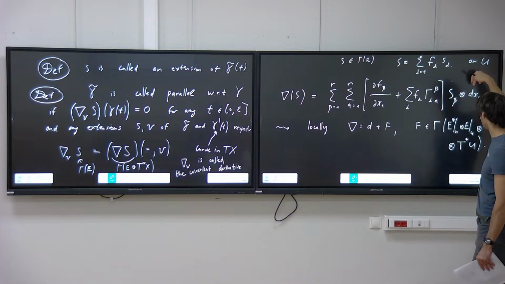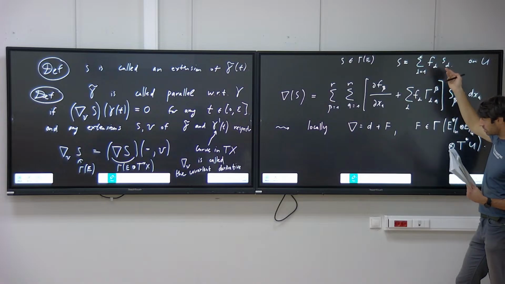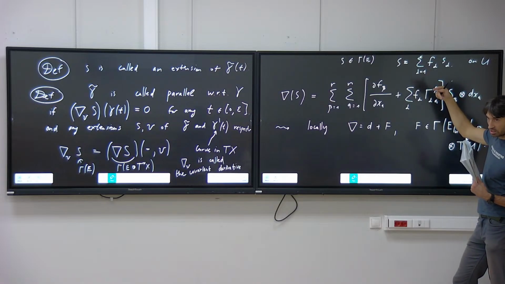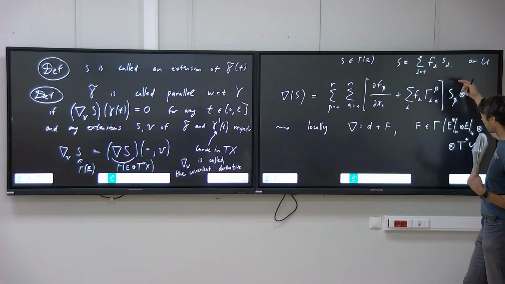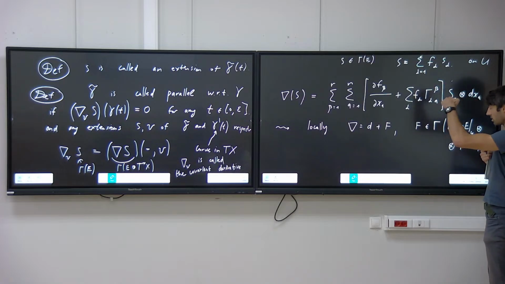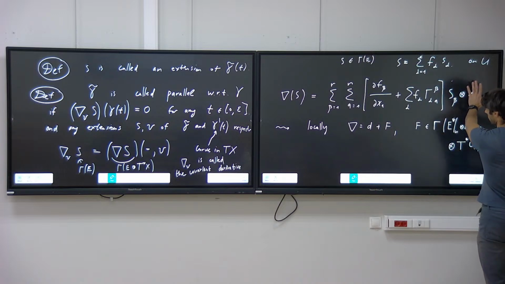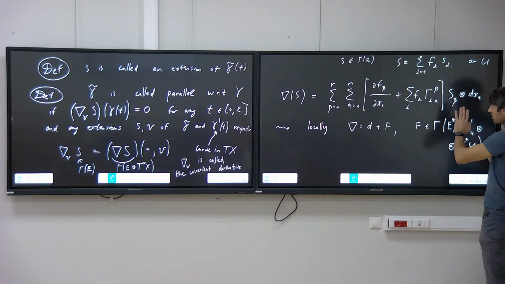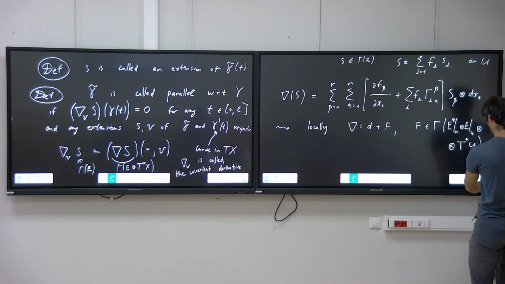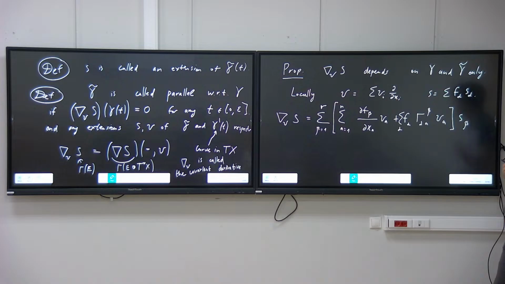When I evaluate this form on d over dx^i, it will give me delta a i. Therefore the sum over a will give me the index for V, and this is basically it. Instead of this guy, I will have V^a. And so that's exactly what is going on there. So it's an evaluation of the previous formula on this guy.